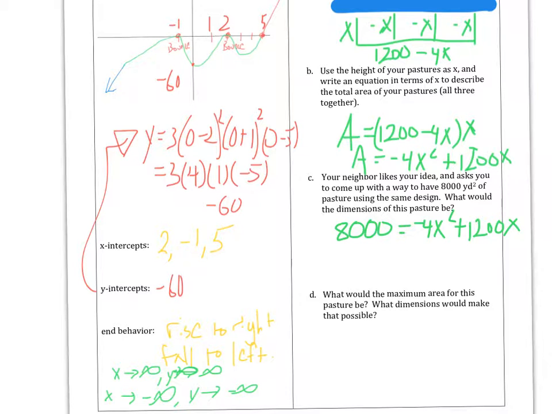I might divide this whole thing by negative 4 to start things out and bring everything over to one side. And that would give us x squared minus 300x minus, dividing this by negative 4, 2,000. And that's equal to 0.